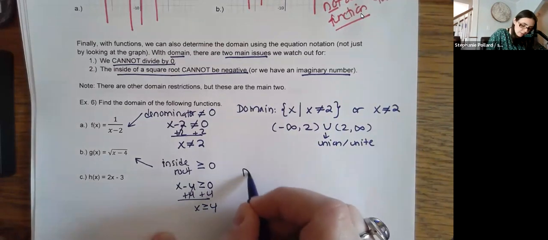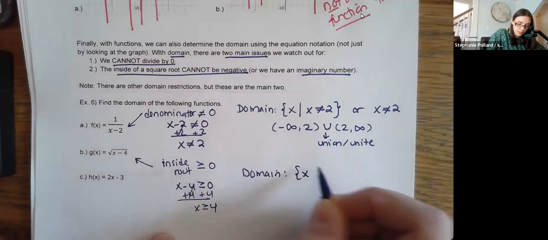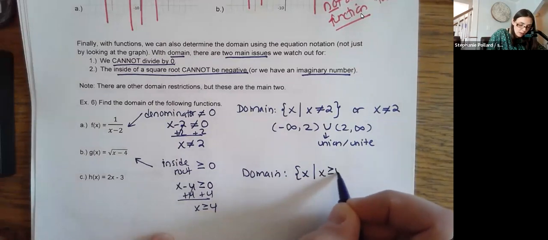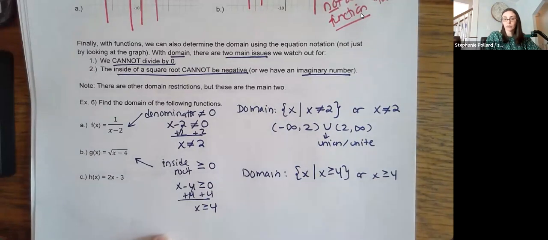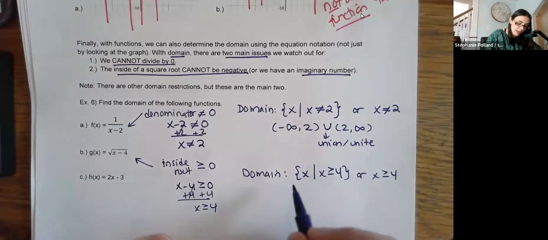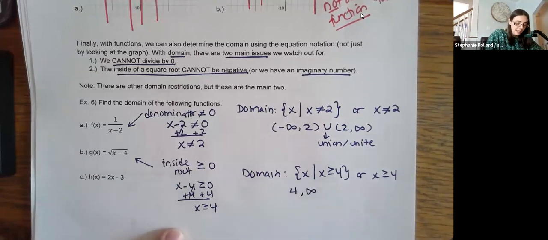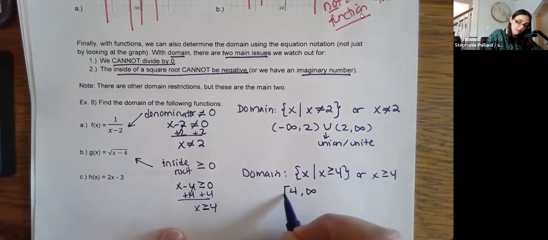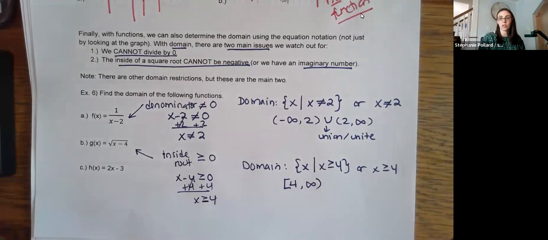For my domain, x such that x is at least 4, or if we're being less formal, just x is greater than or equal to 4. In interval notation, our smallest value is 4, and then it goes off to positive infinity. It is being included because it's equality, so it's going to be a bracket, and then infinity always gets parentheses. So that would be the interval notation way.